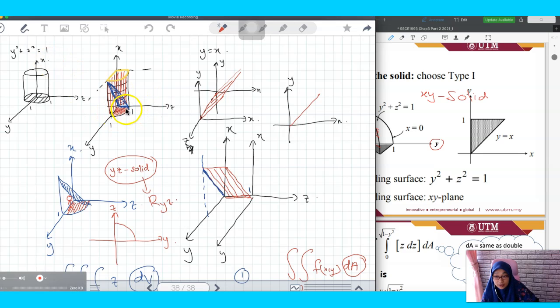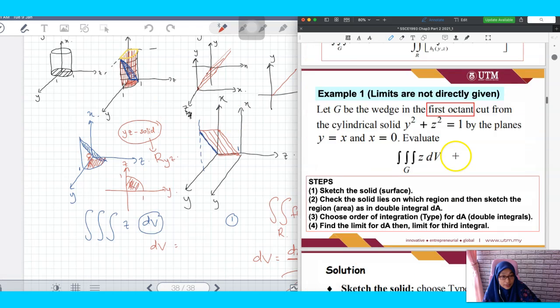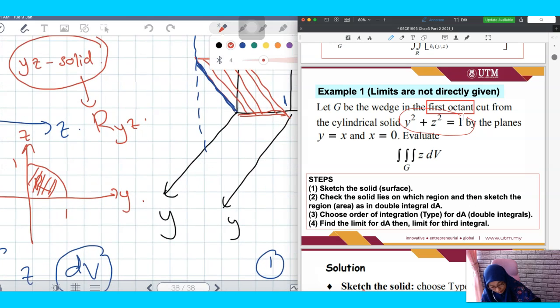So that is your region, where it's coming from the formula of this one. So this one is part of y squared plus z squared equal to 1.